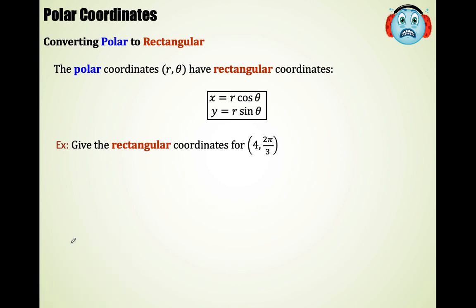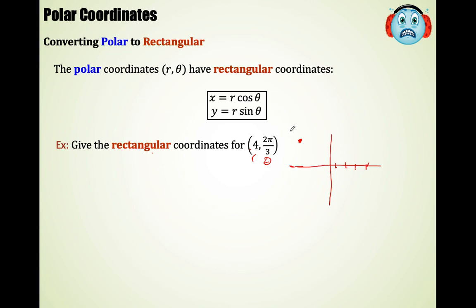So look at this problem here. Find the rectangular coordinates for 4 comma 2 pi over 3. Well, let's first get an idea of where 4, 2 pi over 3 is. Now I'm going to draw a rectangular graph because I'm going to rectangular, but I'm going to plot the point as if I'm in polars. I'm going to go out to the concentric circle with a radius of 4, and I'm going to travel in the counterclockwise direction around that circle 2 pi over 3.